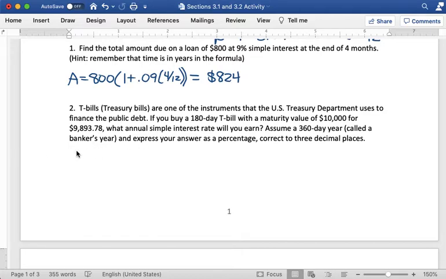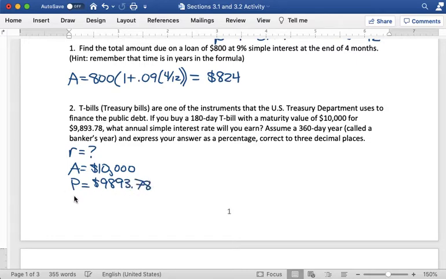So what we're looking for here is R, the interest rate, so that's what we're trying to find. We are given the amount in the account is the $10,000. So that's the amount that it matures into. Our principal amount is the amount that we originally pay for the bond, or the T-bill, which is $9,893.78.